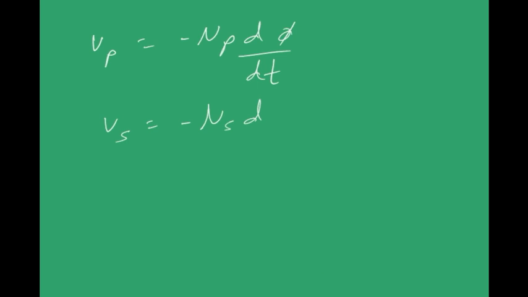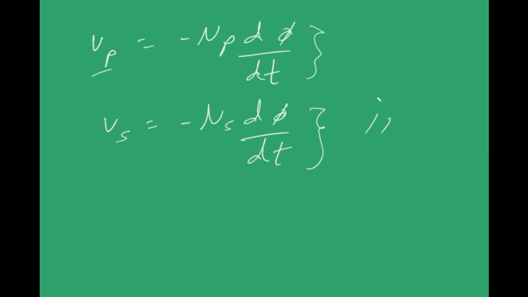So my V primary is nothing but this one, Np d phi by dt, due to the change in magnetic flux. And similarly, output voltage can be what? Ns d phi by dt. Since the d phi by dt is same for both the coils, that is the concept of transformer.